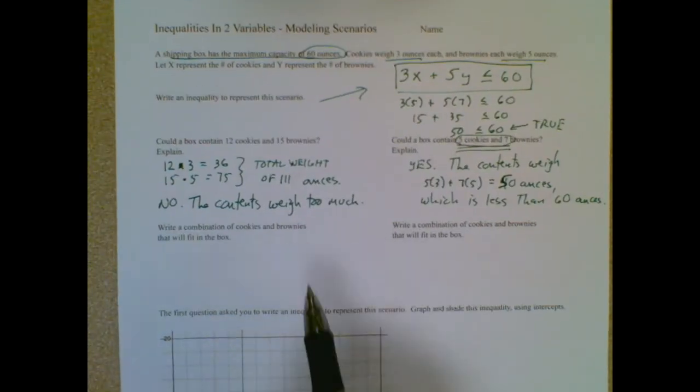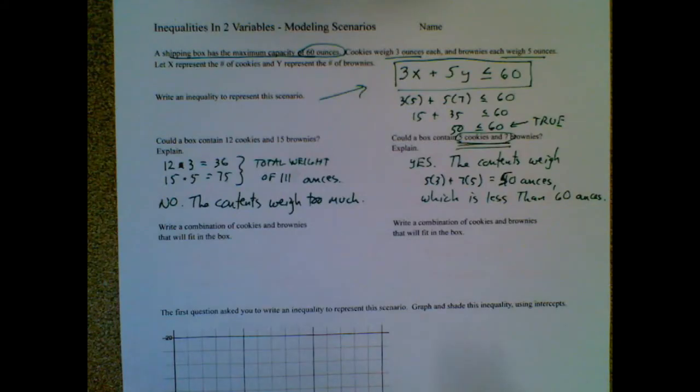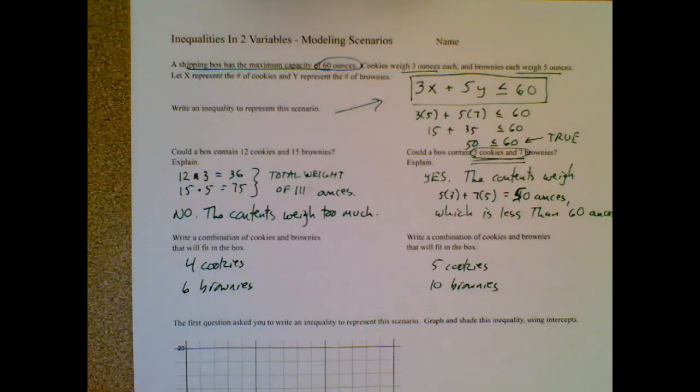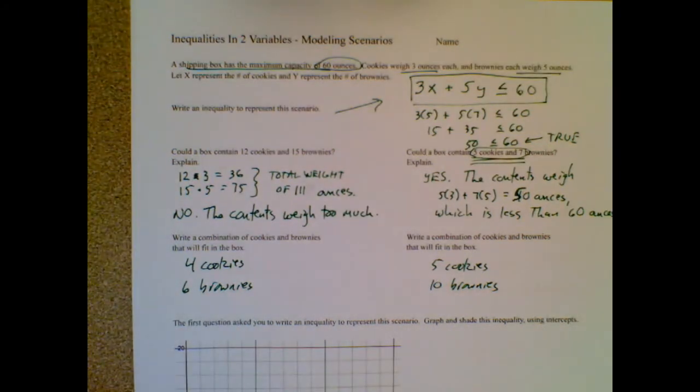For these two questions, write a combination that will fit in the box, write a combination that will not fit in the box. Well, you could pick any combination that you want that you know isn't going to work, and any combination that will work. So here I have put combinations down that I know will work and will not work, but here's how I could find out for sure mathematically.